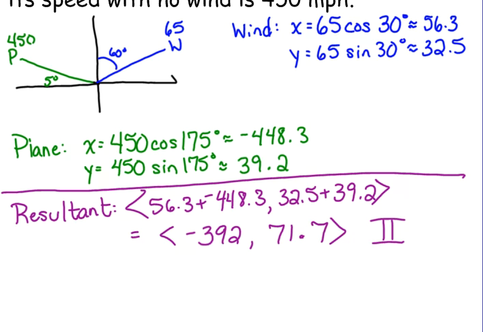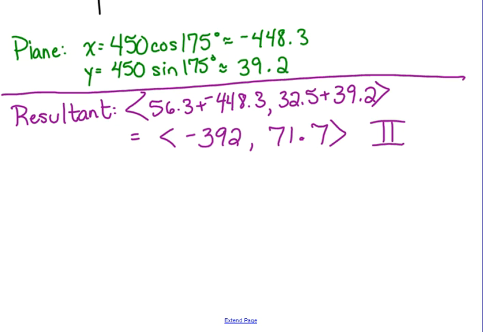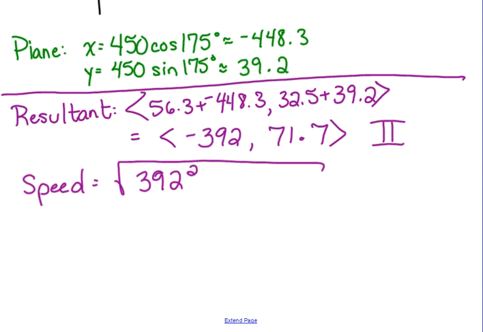All right. So let's find the actual speed. That is the square root of the components squared. Do me a favor. Just don't put the negative in there when you square it, because then you don't have to worry about parentheses at all. Okay? Does anybody have that number already? 398.5.